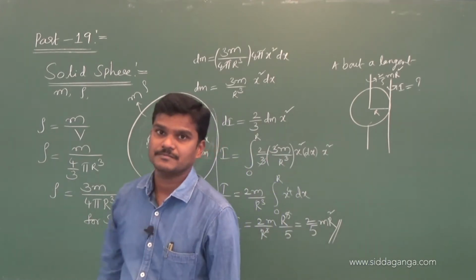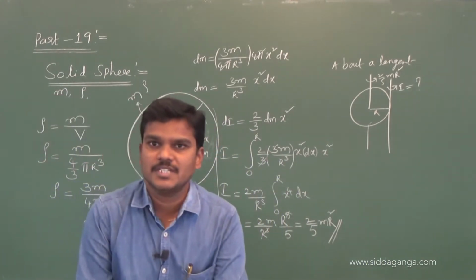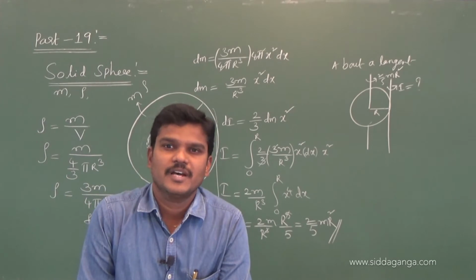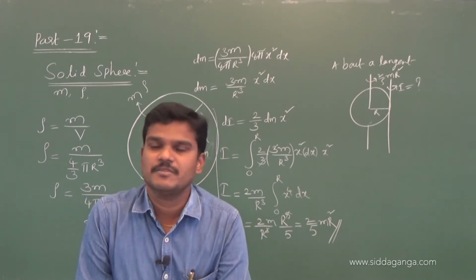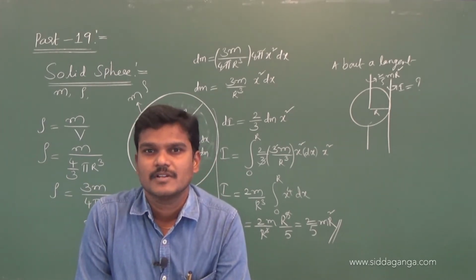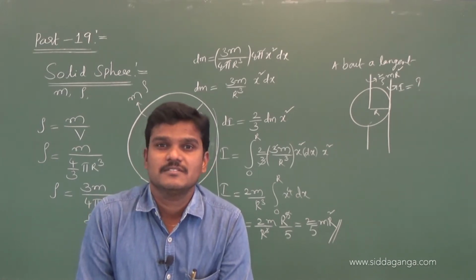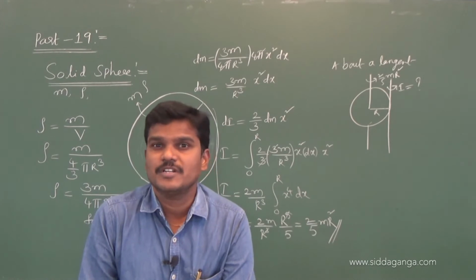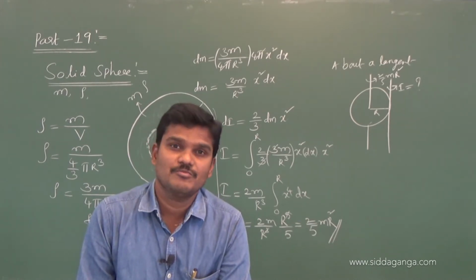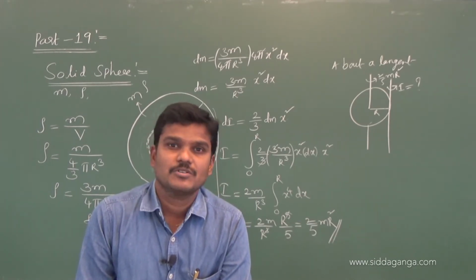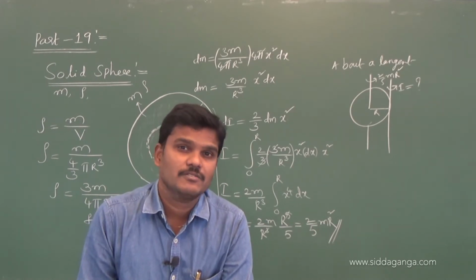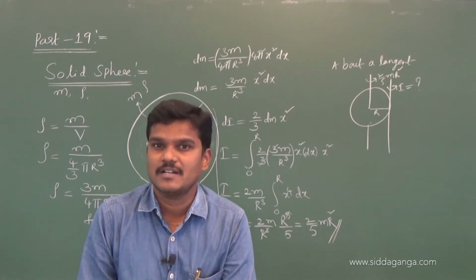I hope you remembered: if two axes are parallel to each other, then we can go for the parallel axis theorem. What is the statement of the parallel axis theorem? According to it, the moment of inertia about any axis is the sum of the moment of inertia passing through the center of mass and the product of the mass of the body and the square of the distance between the two parallel axes.